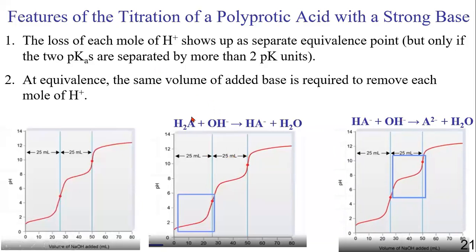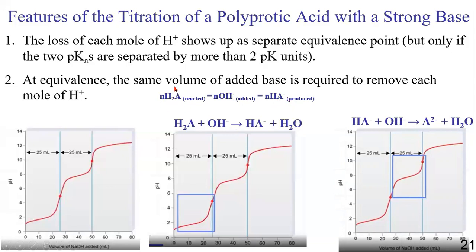Remember how all of the H2A becomes HA minus at equivalence, right? So the number of moles of H2A reacted will equal the number of moles of OH minus added at equivalence, which will also equal the number of moles of HA minus produced.